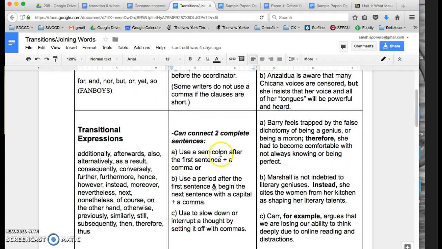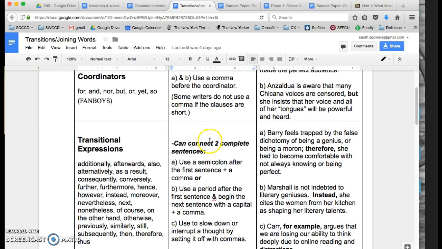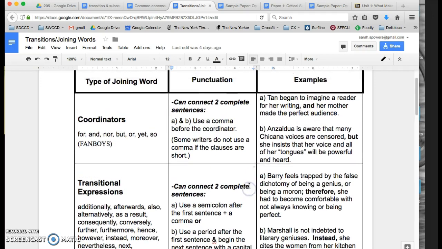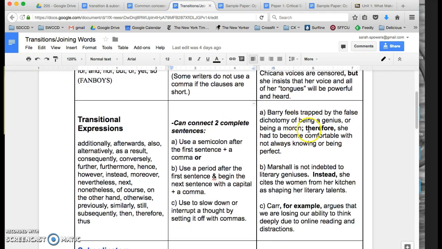Transitional expressions also connect 2 complete sentences, but these words are much more dramatic. They need a period or a semicolon before, and they need a comma after. Right, so with coordinators, it can just be comma and the word and. Right, but down here, something like therefore or instead, you can start a sentence with those, and these are their own sentences.